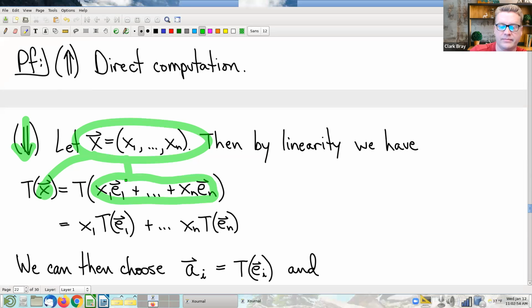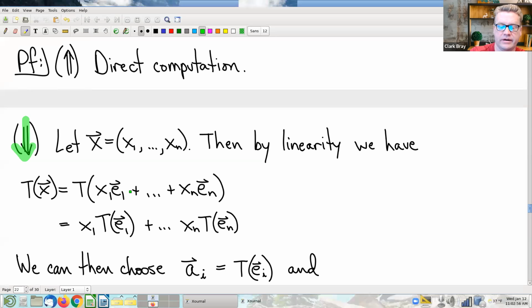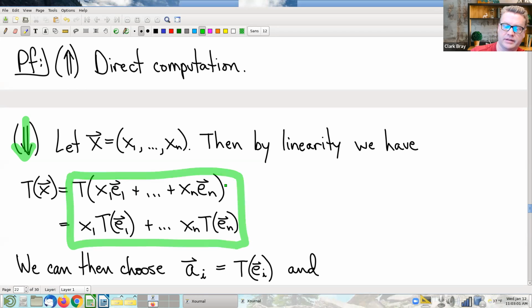Now I've got a linear combination, and linearity immediately tells me that, when I put a linear combination into the transformation, what comes out is that same linear combination of the outputs. So this is the linearity right there.